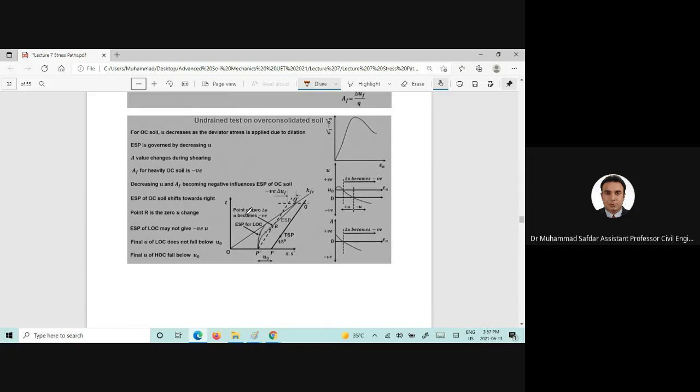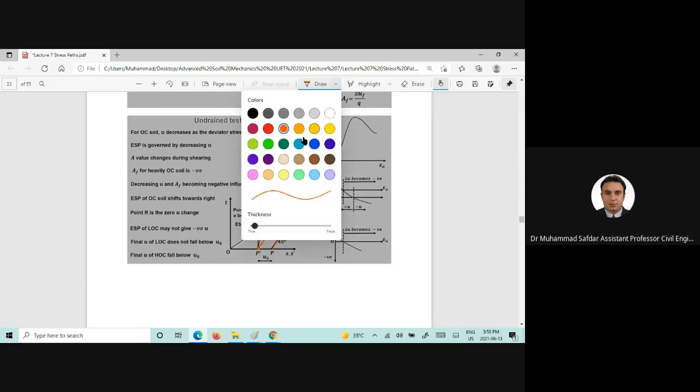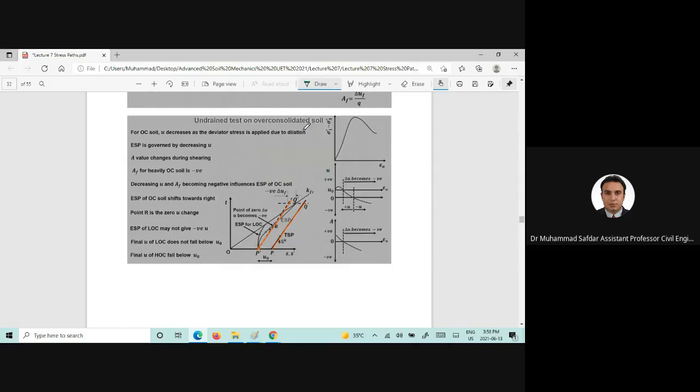Similar explanation. Yes, here if you see, this is the total stress path, but the effective stress path will change something like this, and it will reach the modified failure line here.